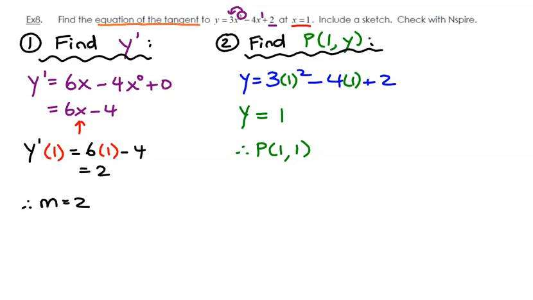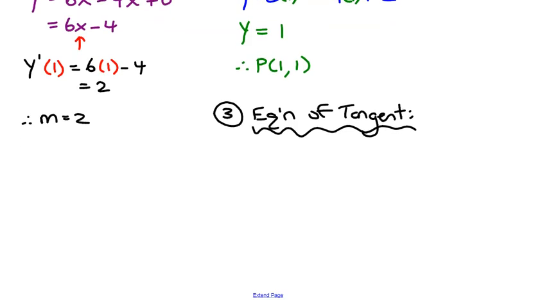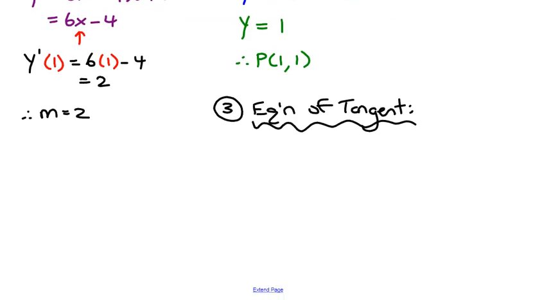Okay, so number 3, equation of tangent. Let's move that down a bit, because really all I need is a point and the slope. Y equals mx plus b, because your tangent is a straight line, right?